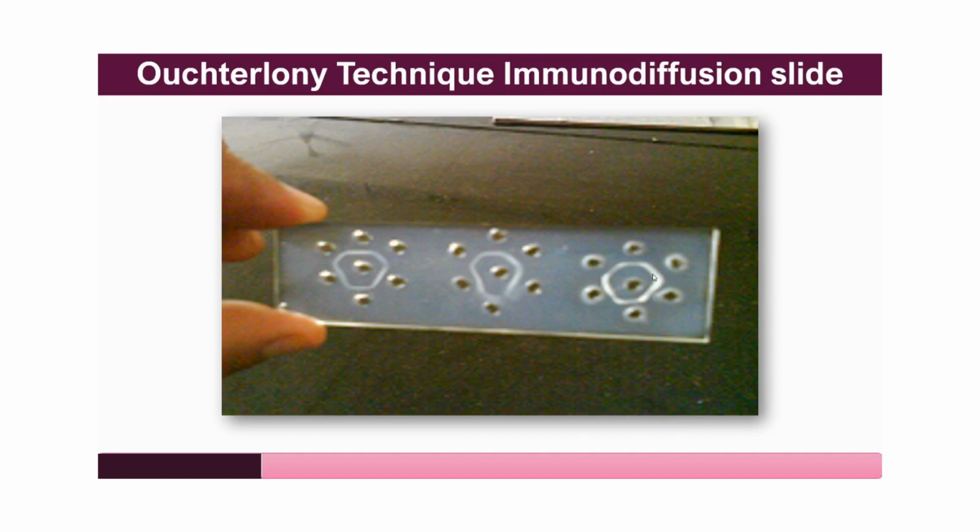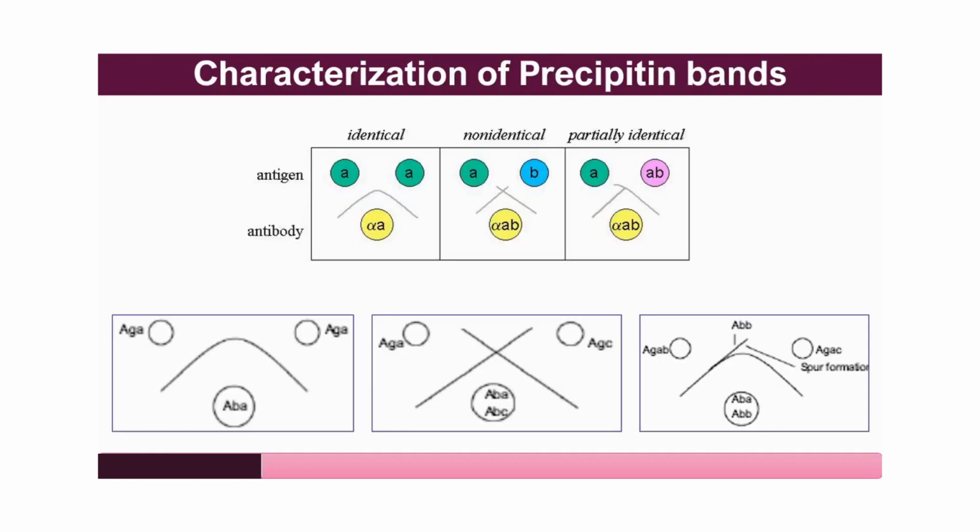Based on these precipitin bands, you can classify this precipitin reaction, and that classification is as follows. If the precipitin bands produce a smooth curve like this, the antigen-antibody reaction produces a precipitin band of smooth curve like this as shown here or in this diagram, where the antigen loaded is almost the same in both the wells.